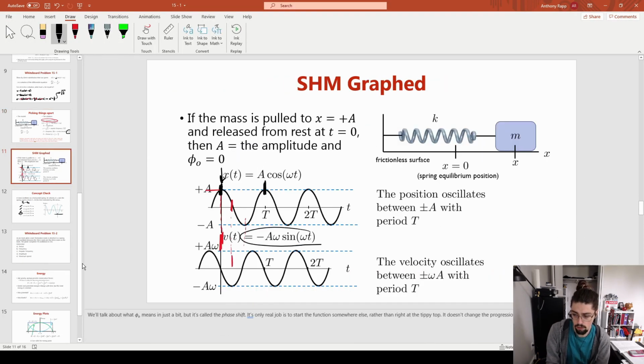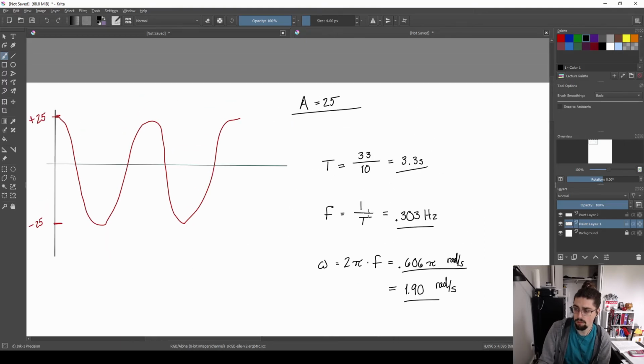We said the biggest that sine could be is 1, or the smallest, -1. So our maximum velocity, the peak of this thing, is just going to be A times omega. We've got A. We've got omega. V max is equal to A omega.